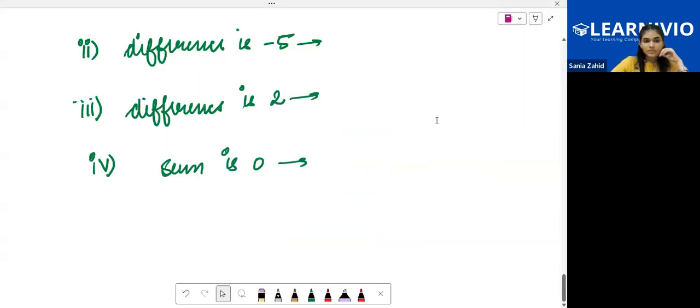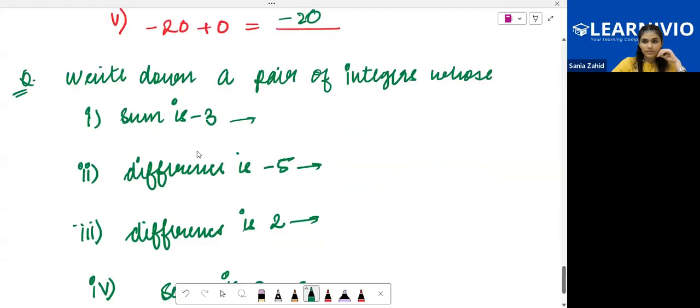Okay, let's discuss. What is the answer for the first one? -2 plus -1. Okay, and what is Razan getting? -4 plus 1. Okay, so both the answers are correct. Good.